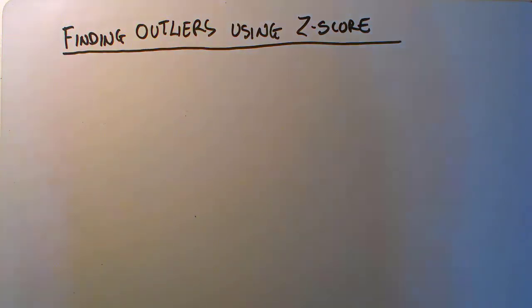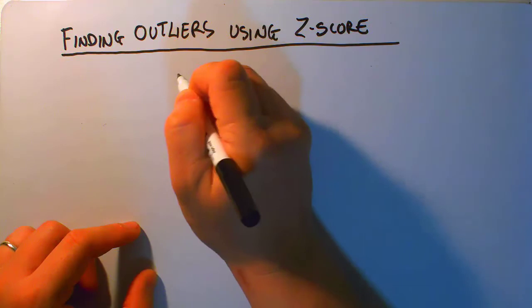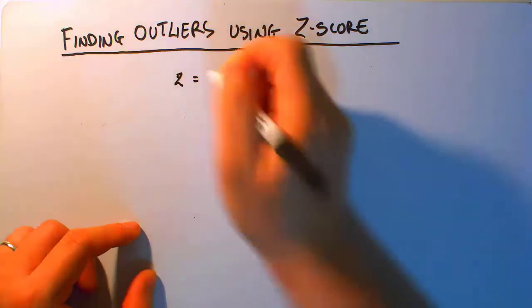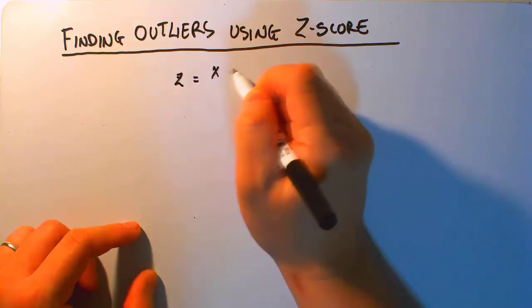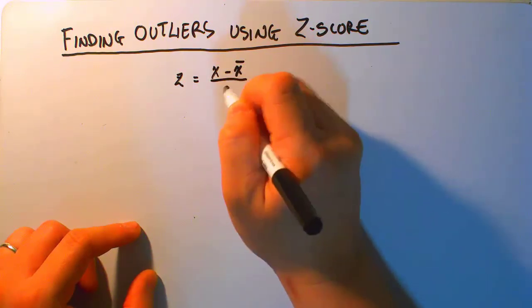All right. Now that we've learned about finding the z-score of a data value in any data set, as a brief reminder, the z-score for any data value is found by the value in the data minus the mean, divided by the standard deviation.